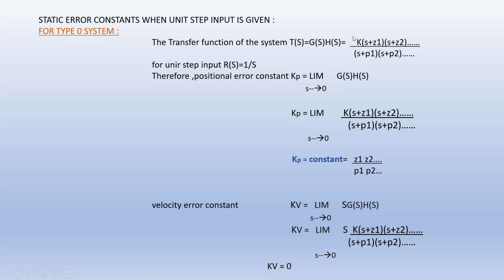So the sample transfer function can be written as some gain K into the product of zeros, divided by the product of poles. These are the zeros and these are the poles present in the system.